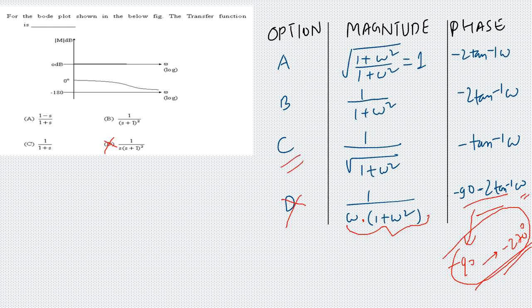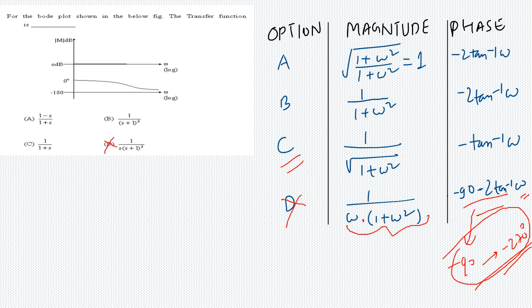Now let's go to option C. Option C says the transfer function is 1 over 1 plus s, which corresponds to a magnitude of 1 over under root 1 plus omega squared, and a phase response of minus tan inverse of omega. Again the magnitude is dependent on the frequency, so this is not the correct option.